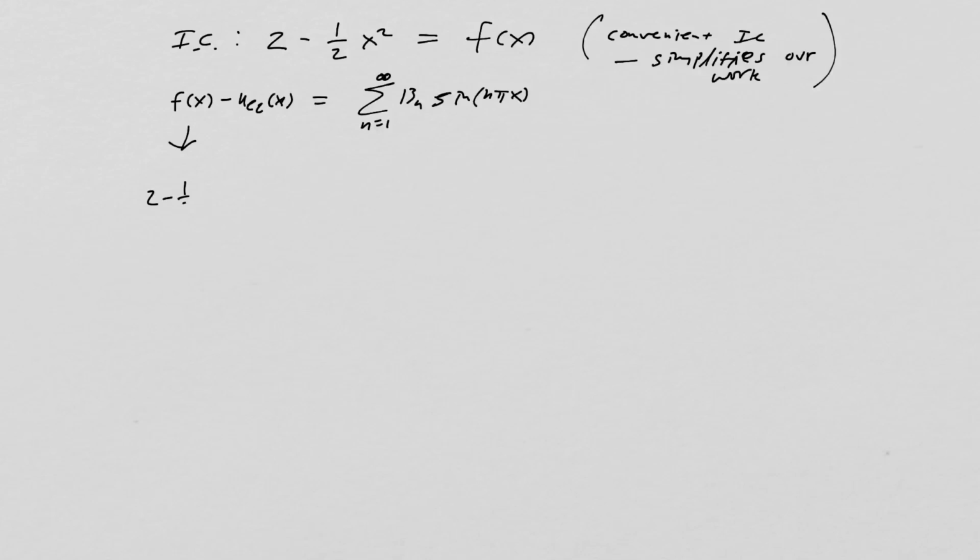That's going to be 2 minus 1/2 x squared, minus the quantity minus 1/2 x squared plus 1. We can see that the x squared terms cancel, and 2 take away 1 leaves just 1 behind.